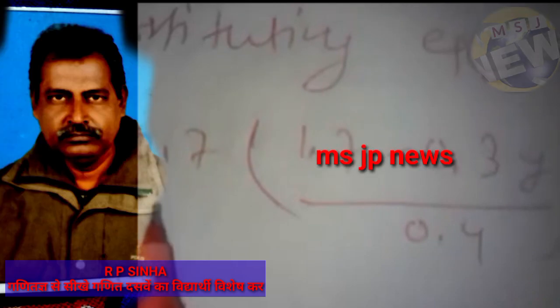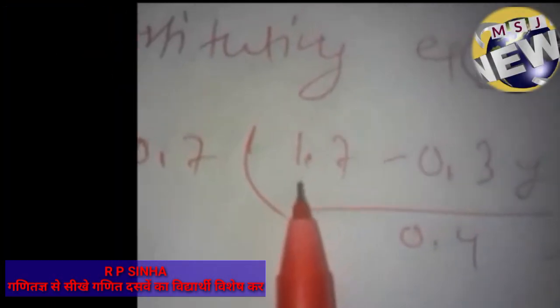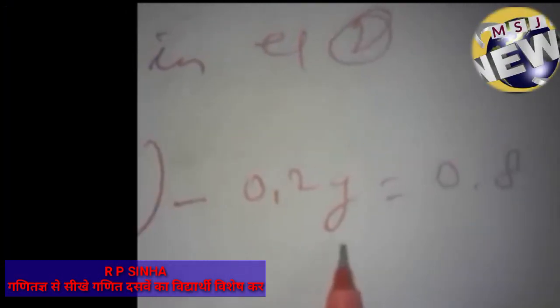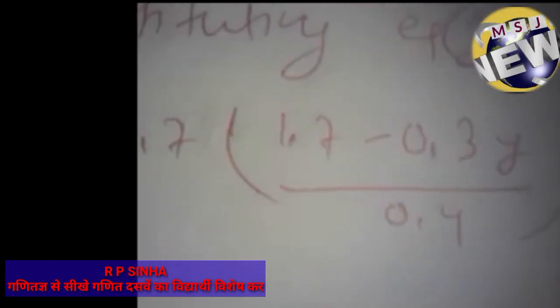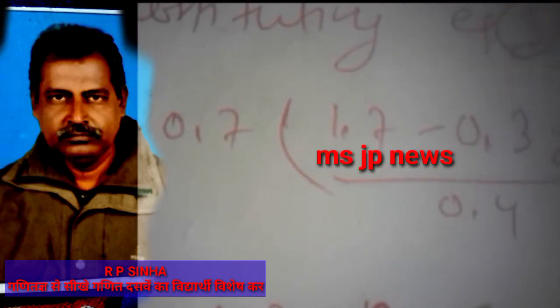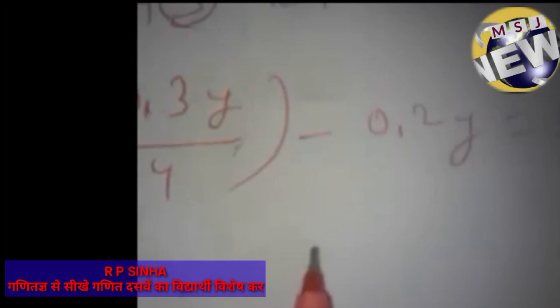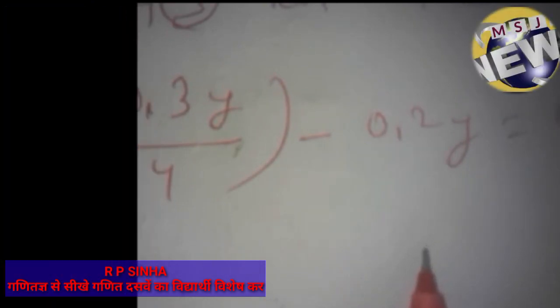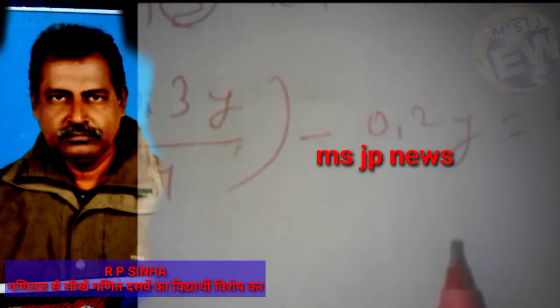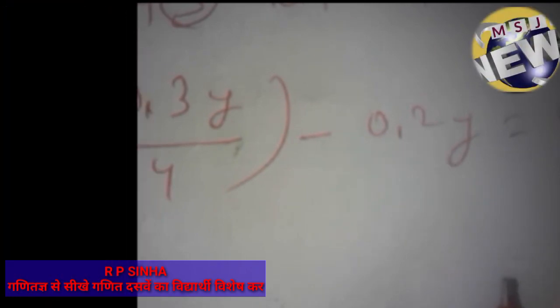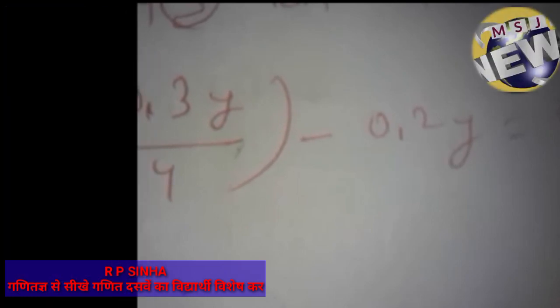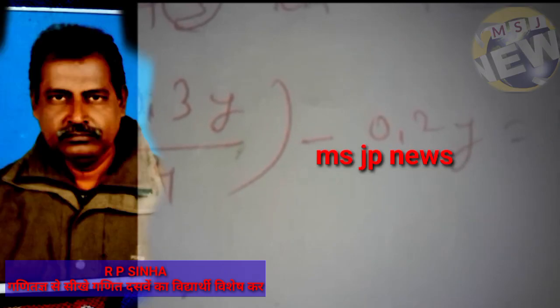Now 0.7 into (1.7 minus 0.3y by 0.4) minus 0.2y is equal to 0.8. This is a simple linear equation in only one variable. This equation has been converted from two variables into only one variable. As you have studied in standard 8 and standard 9 how to solve linear equations of one variable, you can easily solve it.